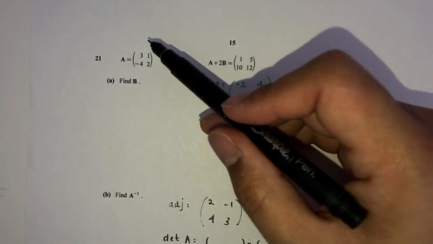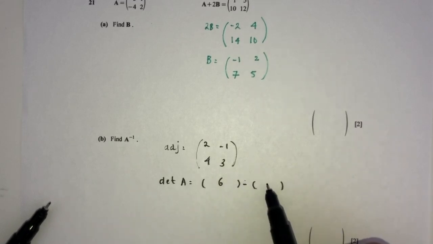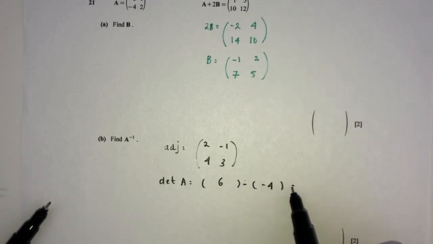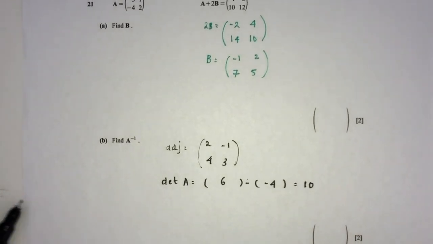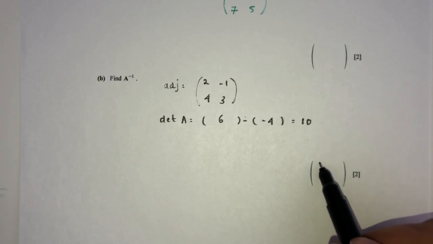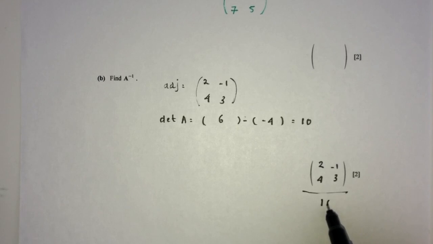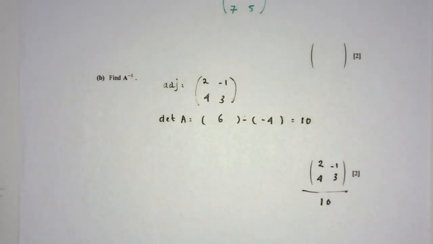So 3 times 2 is 6, minus the other one, which is 4, that should be 10. So we have the adjoint matrix 2, 4, minus 1, 3, divided by the determinant. Of course you can simplify the rest if you want to. That will be your matrix A inverse.